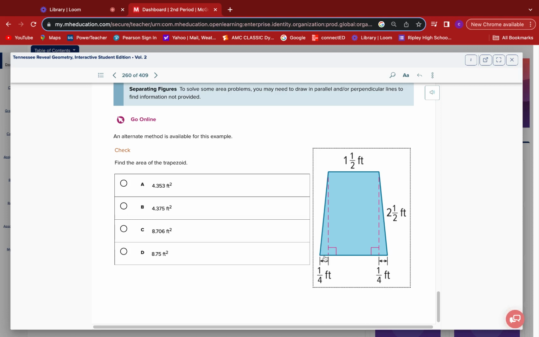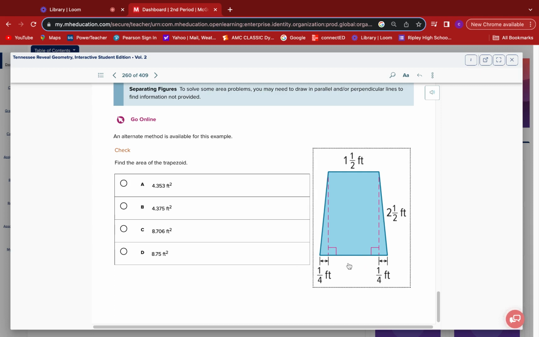So I'm going to add 1/4 plus my 1 1/2 plus my other 1/4 to get the base at the bottom, which is base 2. All right, so 1/4 and 1/4 is 1/2. 1 1/2 plus 1/2 is 2. So my base at the bottom is a grand total of 2.